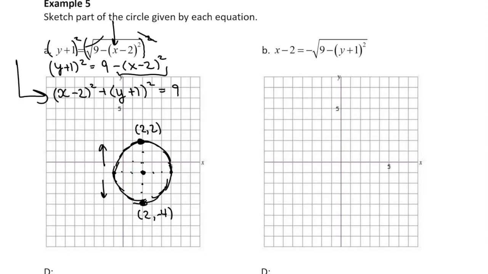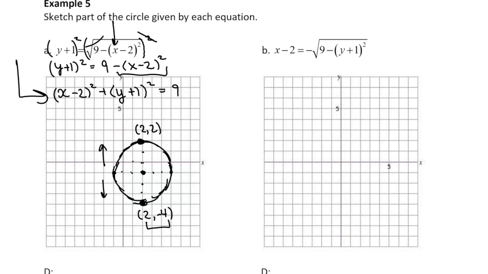So imagine what would happen if you had the point 2, -4, and if you tried to sub that in, what would show up with your original? So why don't you pause the video right now, think about it, and see if you could figure out which half of the circle remains and which half of the circle needs to go away.